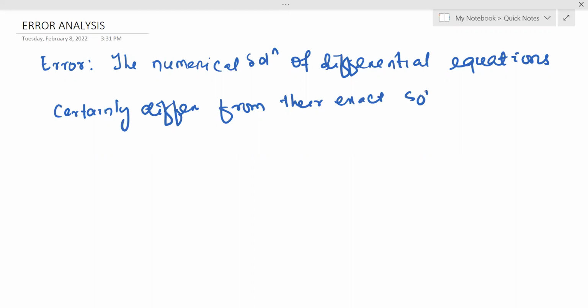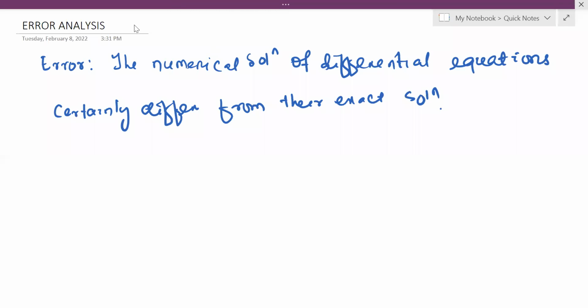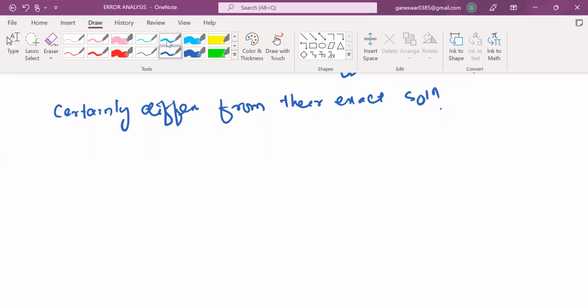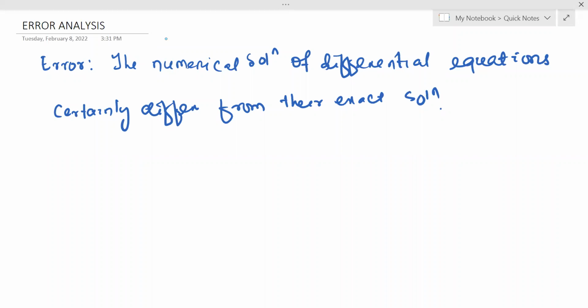That is called the error. And what else can we say? The true value and the computed value, when compared, that result is called the error.